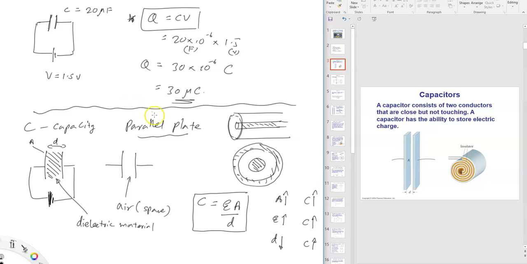So in practice, they try to bring these plates as close as possible, into the sub-millimeter, micrometer level, and then put something in between to prevent them touching each other, plus increase the permittivity. So having that dielectric material in between really improves the capacity of the capacitor.